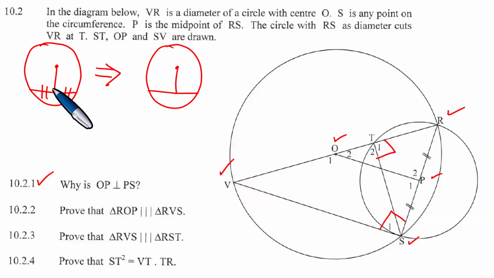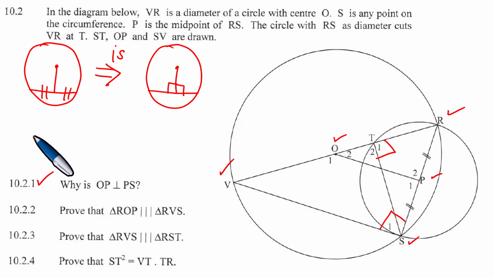So a line from the center to the midpoint of the chord is perpendicular to the chord. So now, why is this?